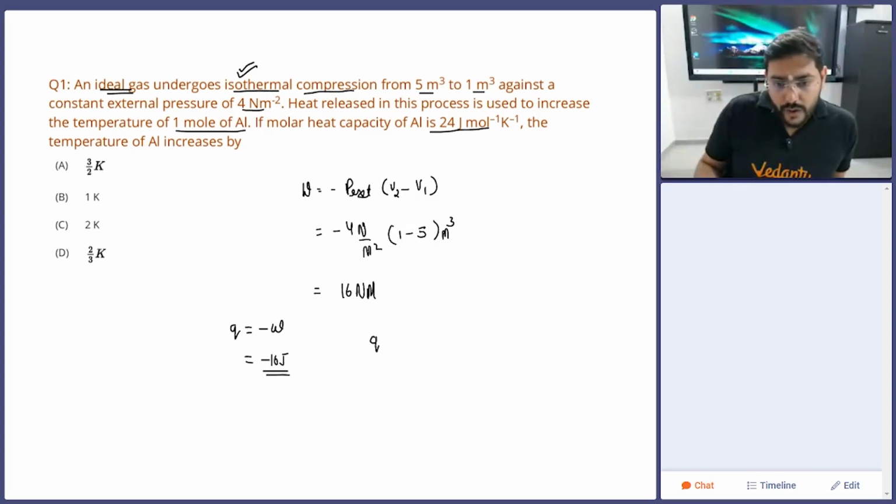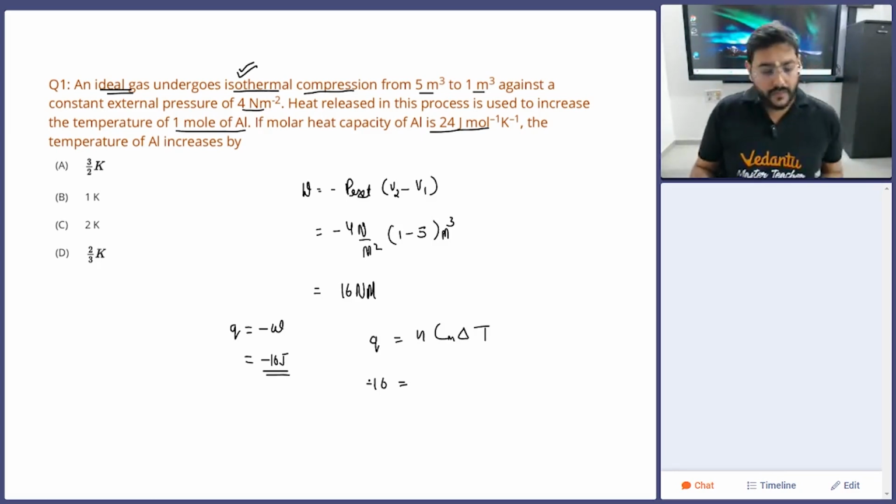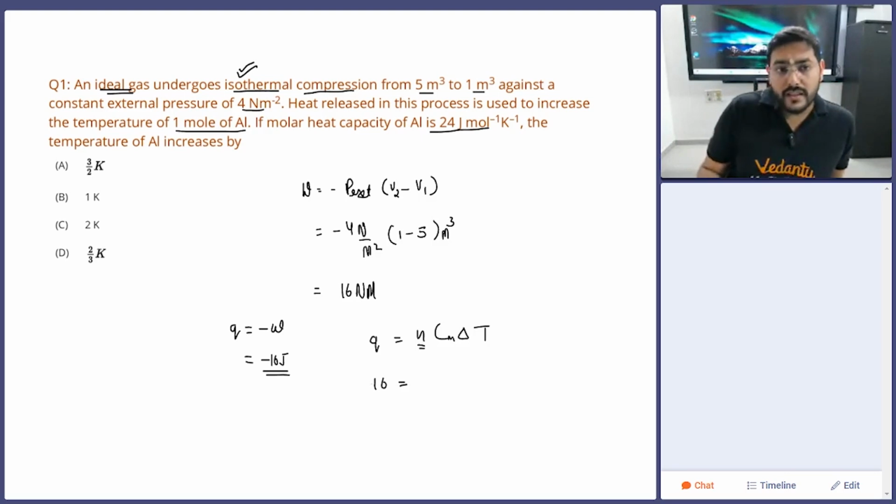Now we know Q is equal to n Cm delta T. So here minus 16, basically 16 Joule, is equal to, what is the mole? Mole is 1.